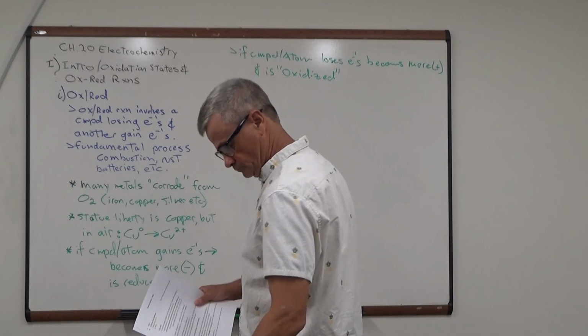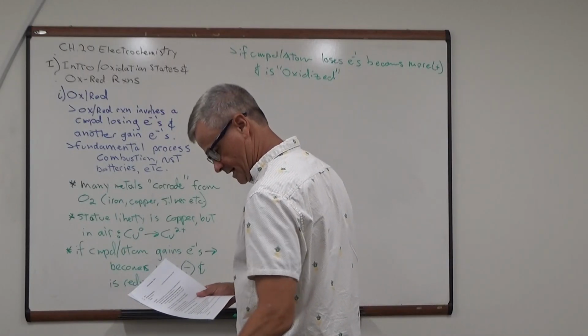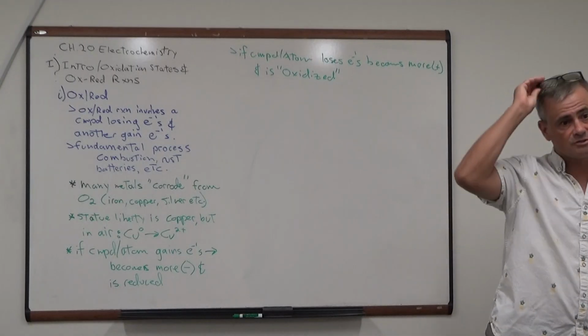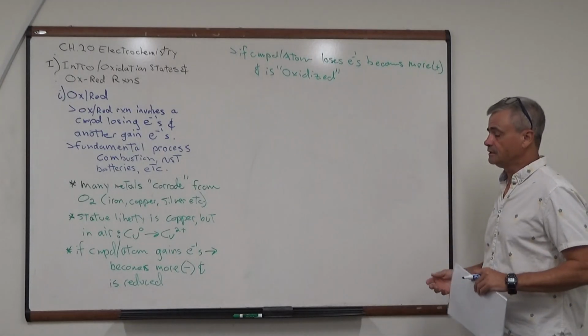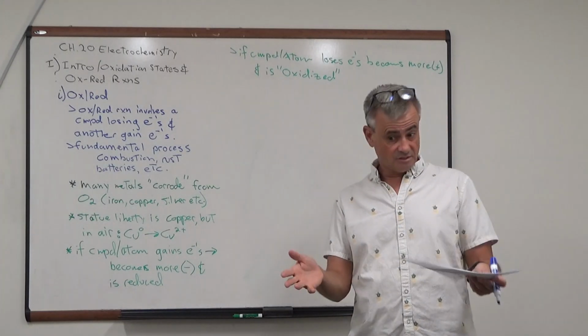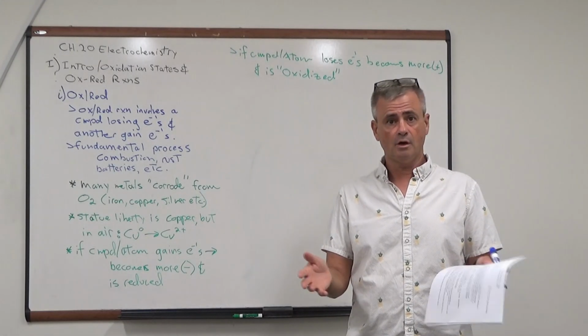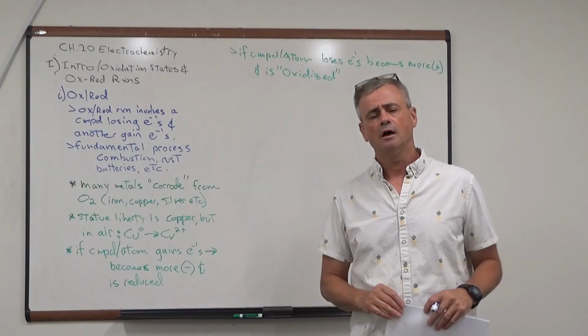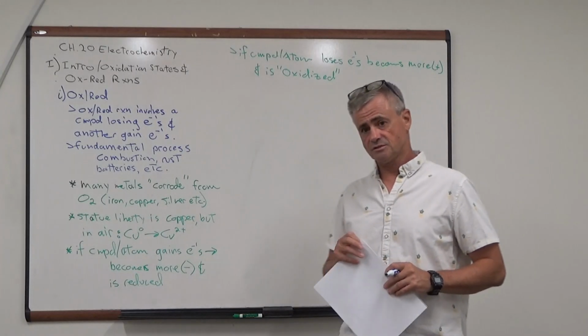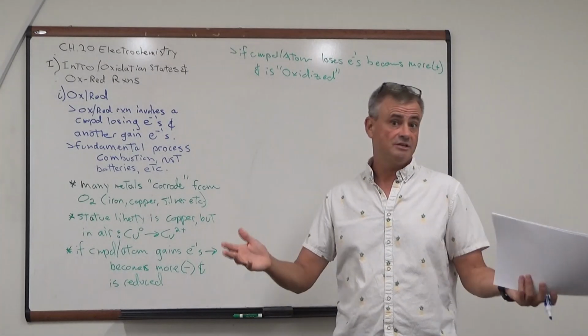All right, so one task that you could have to do is you may need to look at a reaction and decide if, okay, here's a reaction, is this an oxidation, reduction, a redox reaction? And the easiest way to do that is to see if there was exchange of electrons somehow.